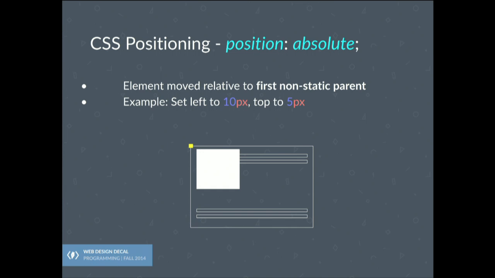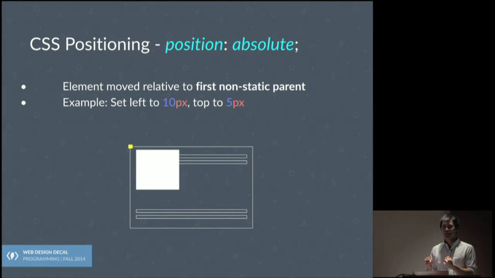All right, so now we're going to talk about a totally different thing: position absolute. This is where the element is taken out of the page. It's like ripped out of the page, and then positioned only relative to the first non-static parent.